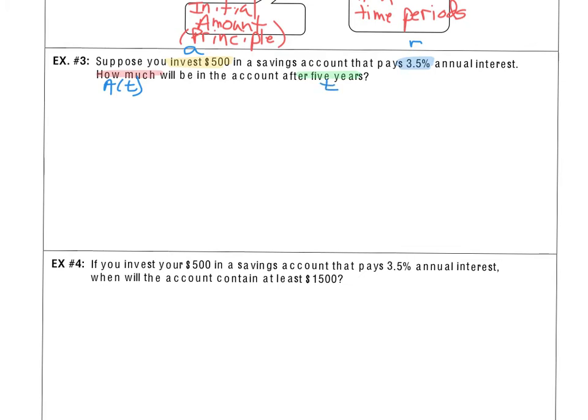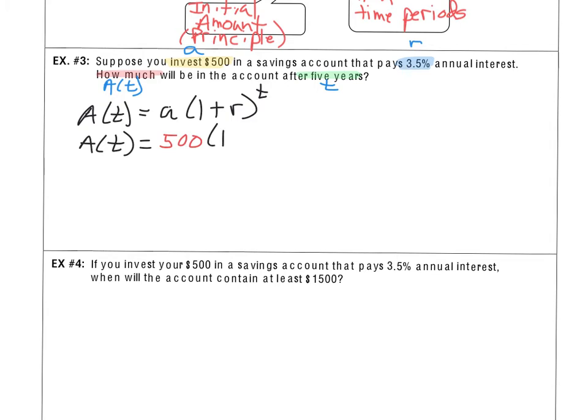So let's go ahead and input everything that we have. A of T is what we don't know, so we're going to leave that. I'm going to write out the whole general formula so we can see why I'm replacing with what I am. Instead of A, we're going to put in that $500 times 1, and then because we are paying interest, that should be growth, so R should be positive.